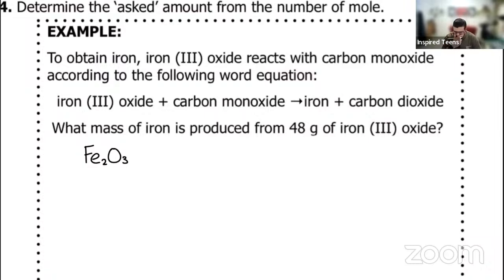Oxide has valence electrons 2, has a charge of -2. Iron 3 has a charge of 3. When we cross multiply, we get Fe2O3 plus carbon monoxide, which is CO, gives us iron plus carbon dioxide. So first, that's the first step, to write out the equation.